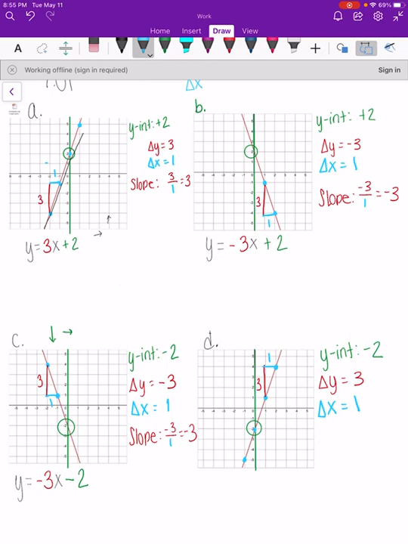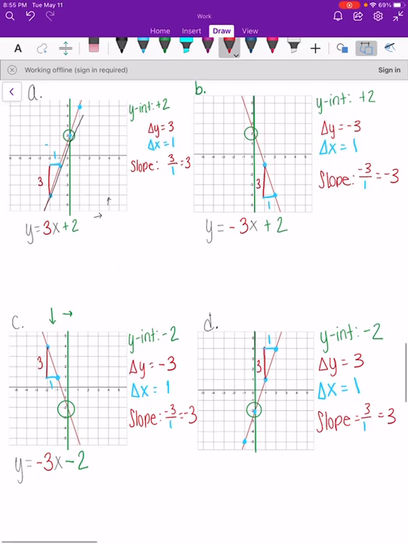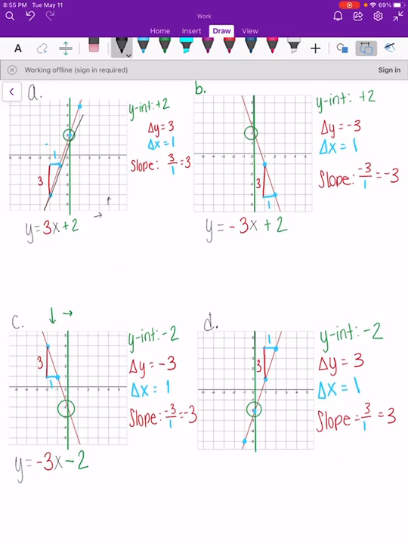So my slope is 3 divided by 1, which is just 3. If you have 3 over 2, you can leave it as 3 over 2, but here we have 3 over 1.